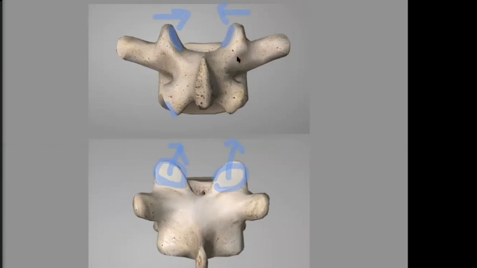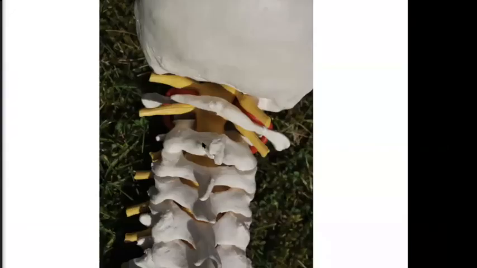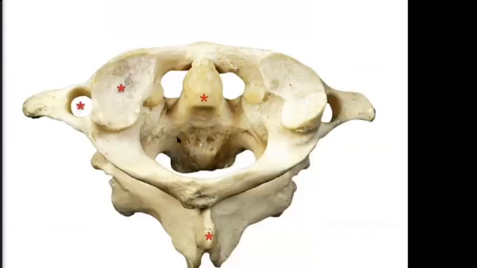All right, so you got your transverse processes, and the superior articulating facets of each are the giveaway of which vertebrae these are. This is just a picture of the articulated cervical vertebrae, and then these are the C1 and C2. So this is the named one.